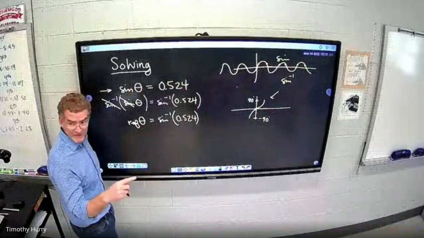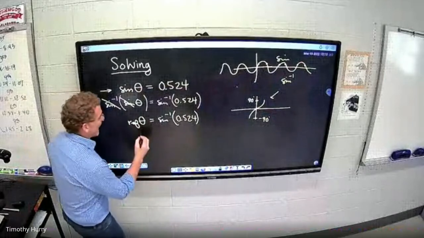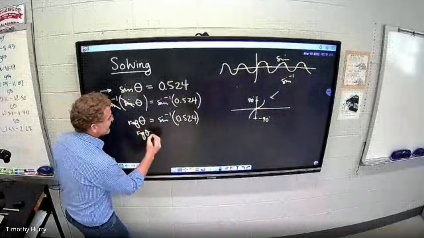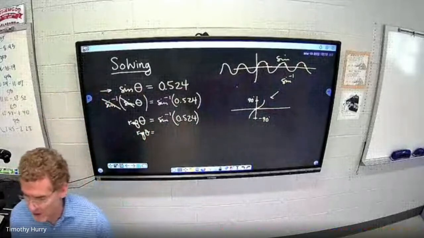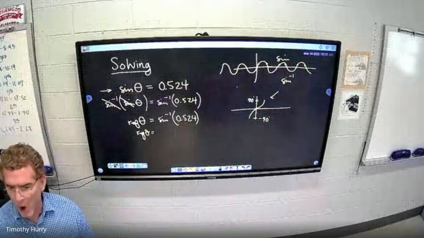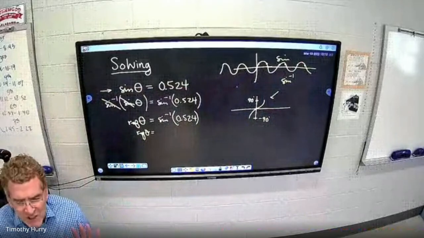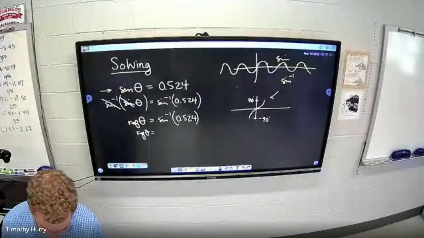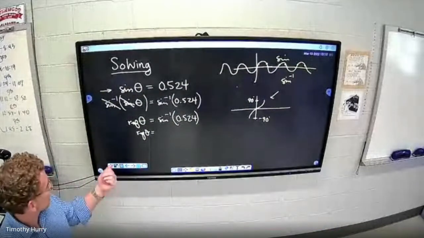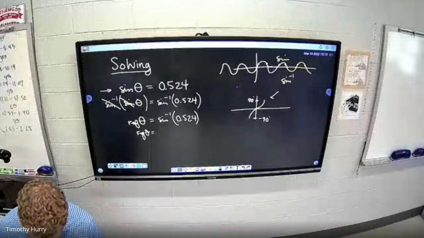And we talked about reference angles, didn't we? So I am going to type inverse sine of that. And by the way, if you're still in radian mode, go to degrees, because we're going to work all these problems in degree mode. It's easier to think. So take your calculator out and go second sine, which is inverse sine of 0.524.